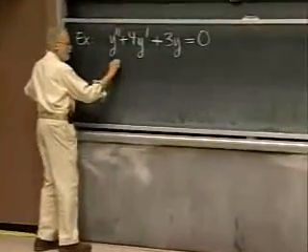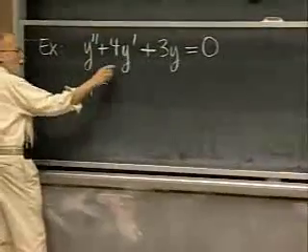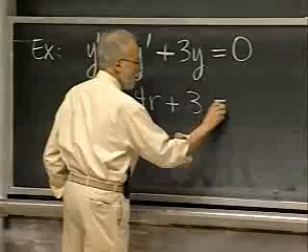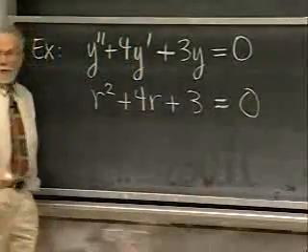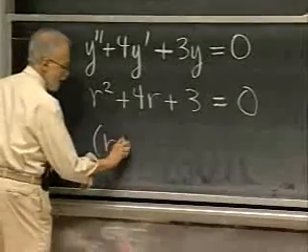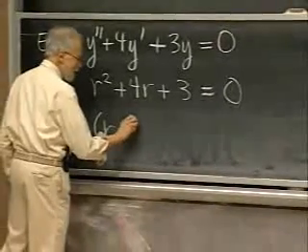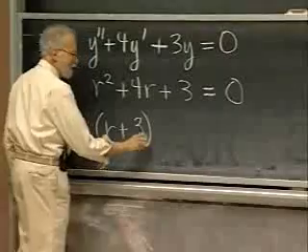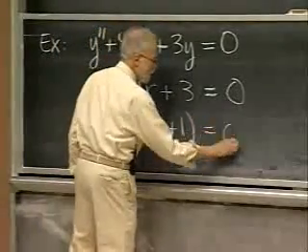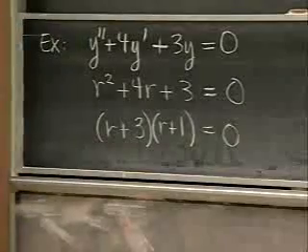Immediately write down the characteristic equation. That's not very hard. r squared plus 4r plus 3 equals 0. And if you can write down its roots immediately, splendid, but let's not assume that level of competence. So it's (r plus 3) times (r plus 1) equals 0. Okay, you factor it.